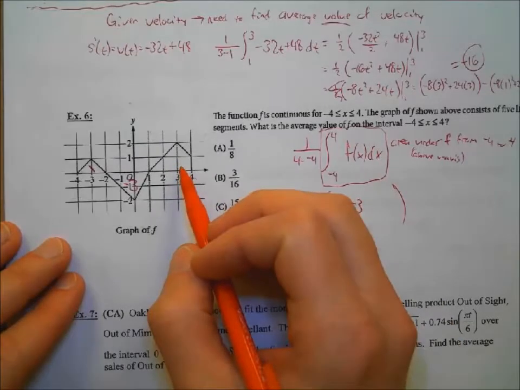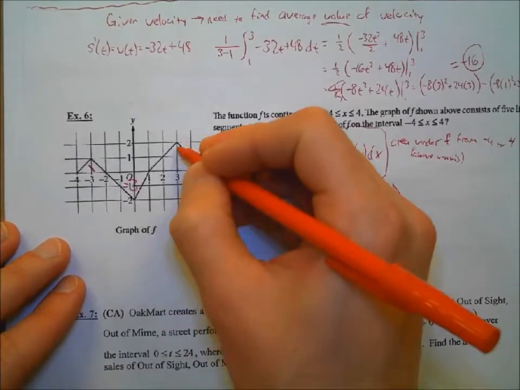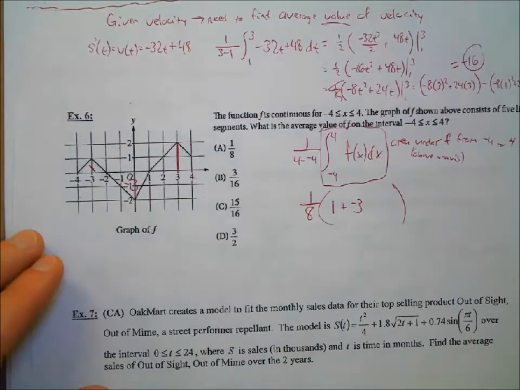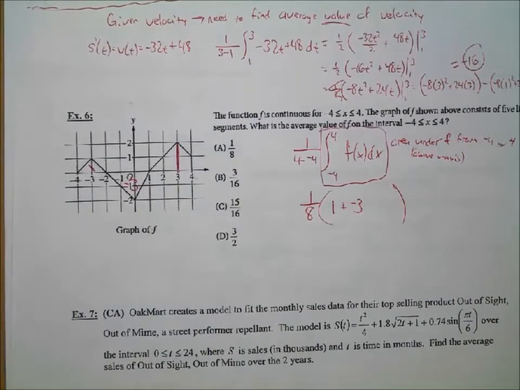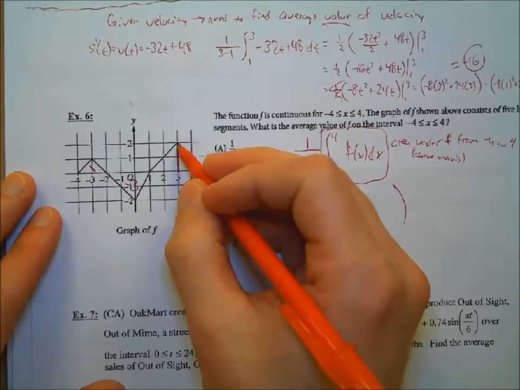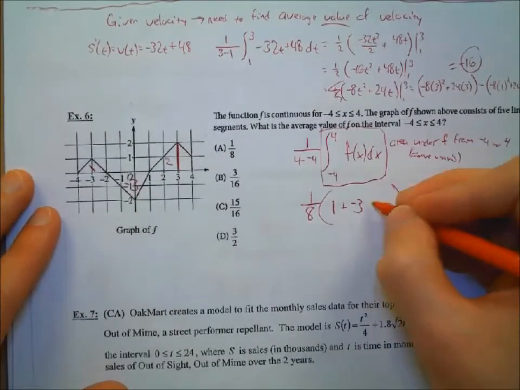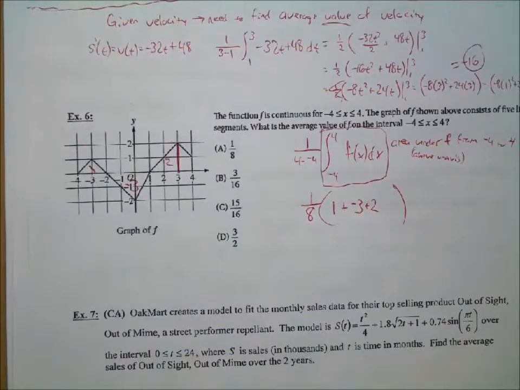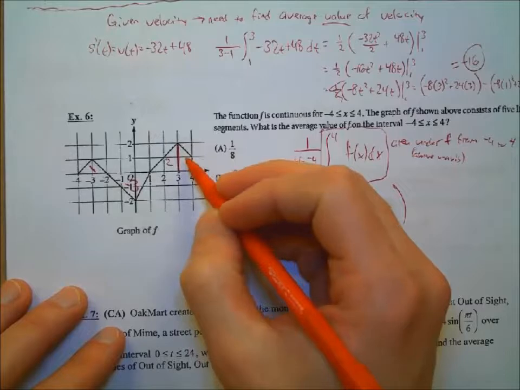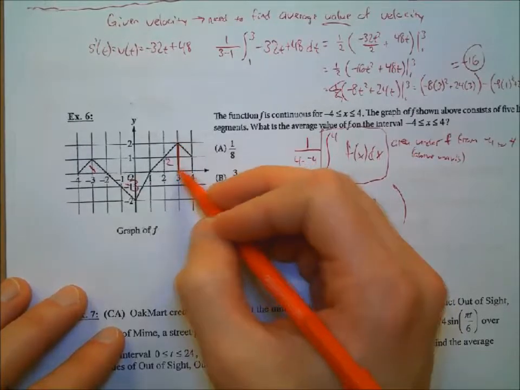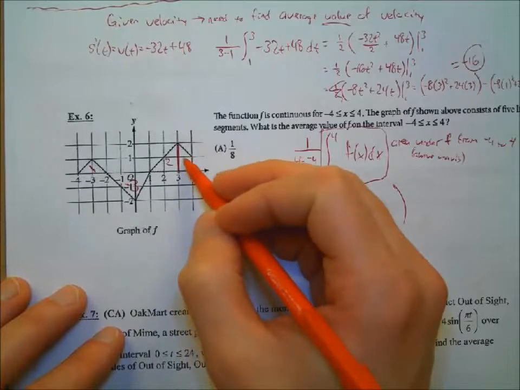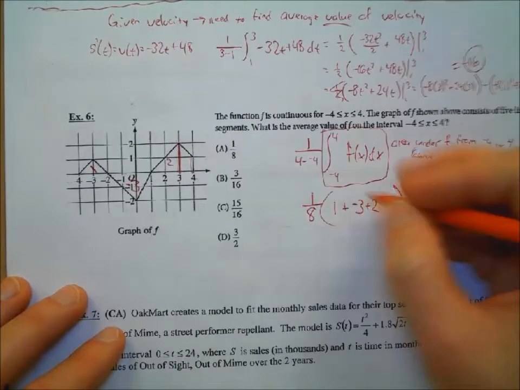I'm going to cut this next region into two pieces, just because it's not one shape we could use here. So I'll do this triangle. It's a 2 by 2 triangle, which is 4, but half of that is 2 for the area. So plus 2. And then this last little shape here, what's that? A trapezoid. It's a 2, 1, and the height is 1. So it'll be 1/2 times 3, so 3 halves.